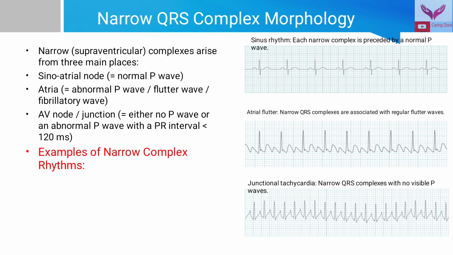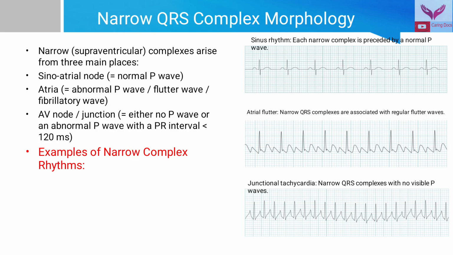The narrow QRS complex morphology. As we said, narrow QRS complexes are usually supraventricular. They arise from three places. They may come from the sinoatrial node, where we usually see a normal P wave.